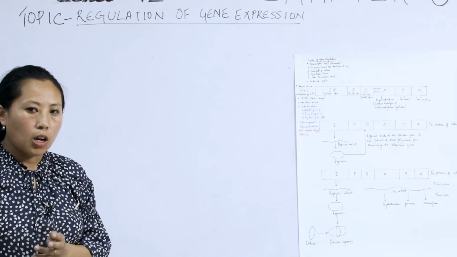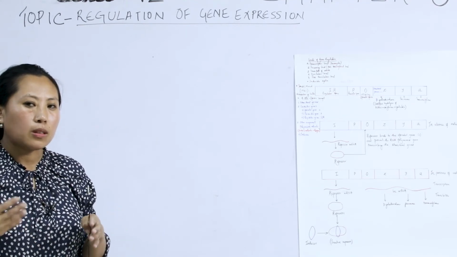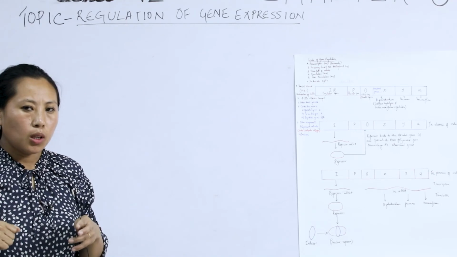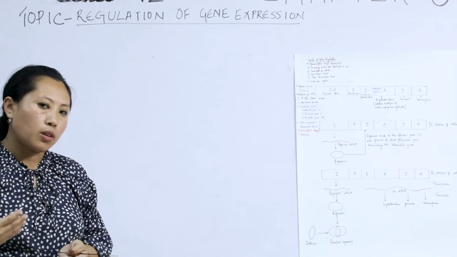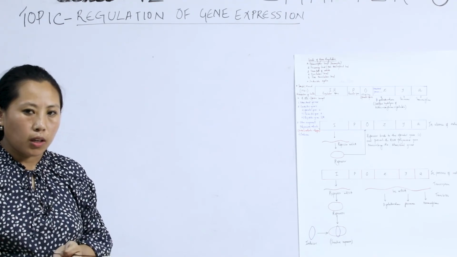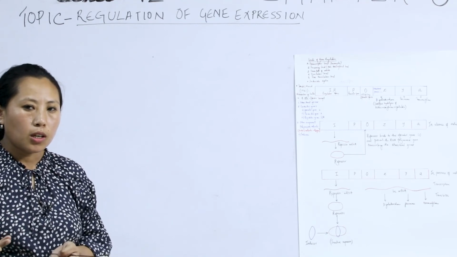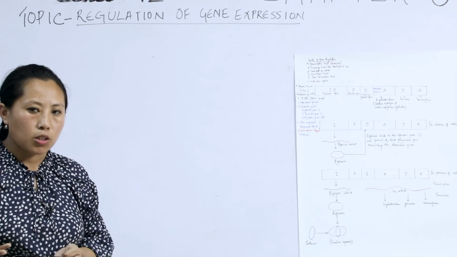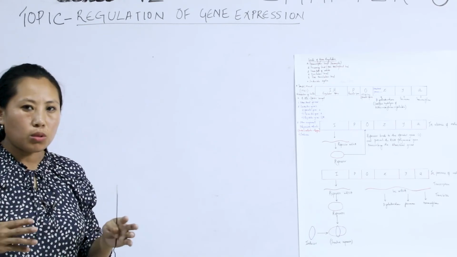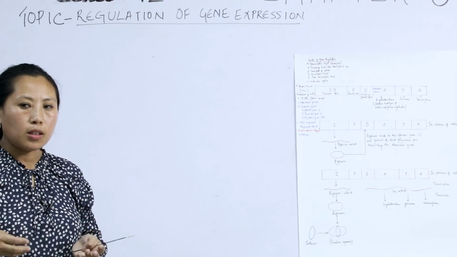How the language of nucleotide bases in mRNA is translated into the language of proteins through the process of activation of amino acids, then attachment of that activated amino acid to tRNA, then formation of the polypeptide chain, and chain elongation taking place through initiation, peptide bond formation, termination, and how that newly synthesized protein undergoes modification to become active.